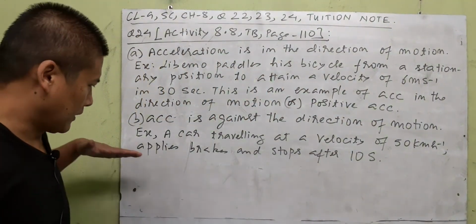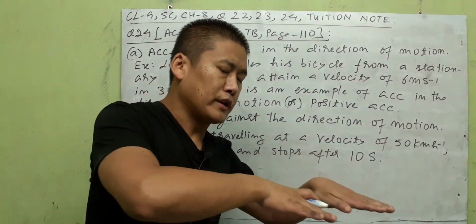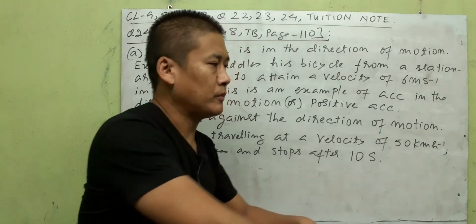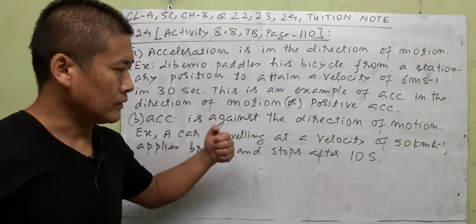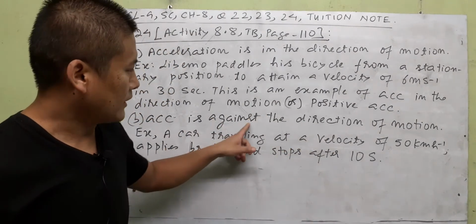So it is the picture of a car traveling at a high speed of 50 and then the driver applies the brake, so it's slowing down, so velocity is decreasing. Finally it came to a stop. That kind of change in velocity, or that kind of acceleration, is called acceleration against the direction of motion.